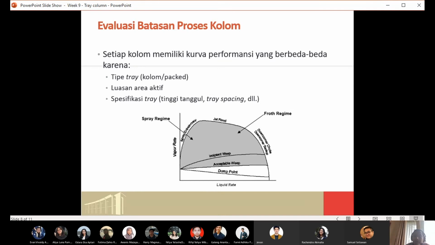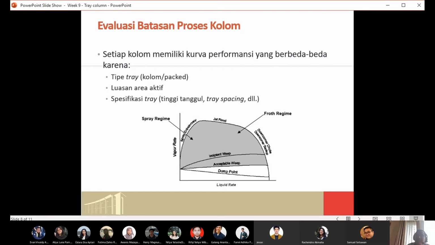Okay, this is the main important point that we will learn today. When you operate the distillation column, you have to understand the hydrodynamics of the column. What is the meaning of hydrodynamics? It is a similar concept to the compressor. When you operate a compressor, it is required to be operated in a safe window.